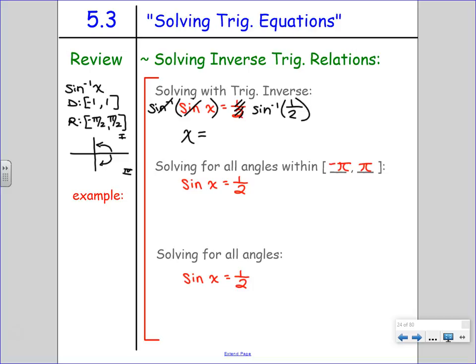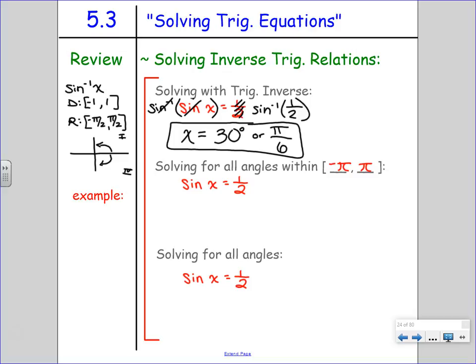It's either 30 or 60. Sine is the y. 30 or 60, which one goes up just a little bit? So 30, pi over 6. Inverse trig gives me one principal answer. I just wrote it in degrees and radians. Done. Cool?